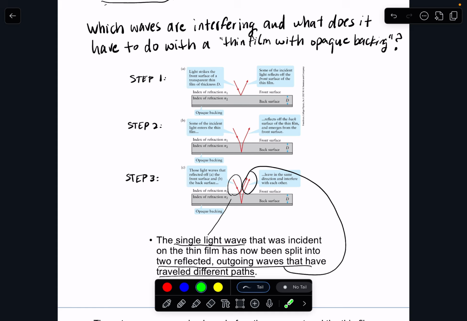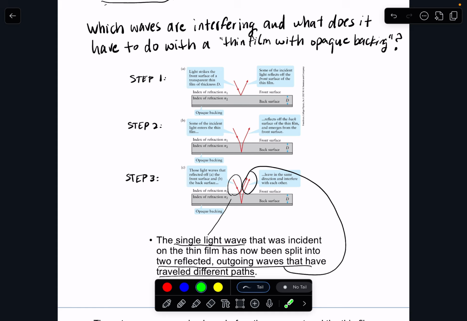So let's shine some light on that film. Monochromatic light. So we're going to shine light of a single wavelength. And what's going to happen is, well, it's going to bounce off of the top of that film. But you know what? Some of it is going to go into the film as well, right? As we know, there's going to be reflection and refraction every time light strikes something.